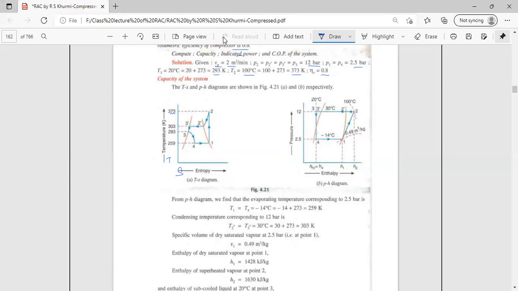That is equal to 303, which is given here, and then it is subcooled to 293 by 20 degrees centigrade. The temperature at the lower side is T1 itself, which is also given here.